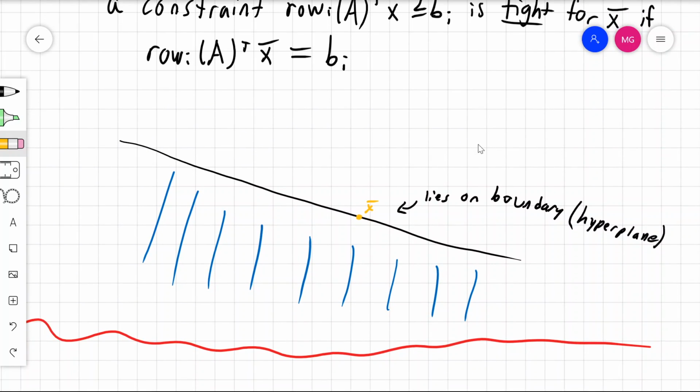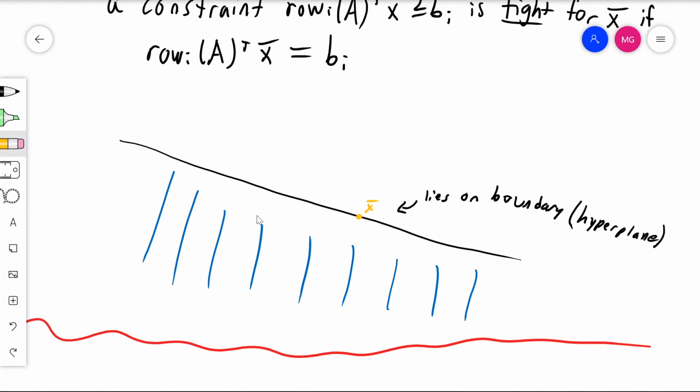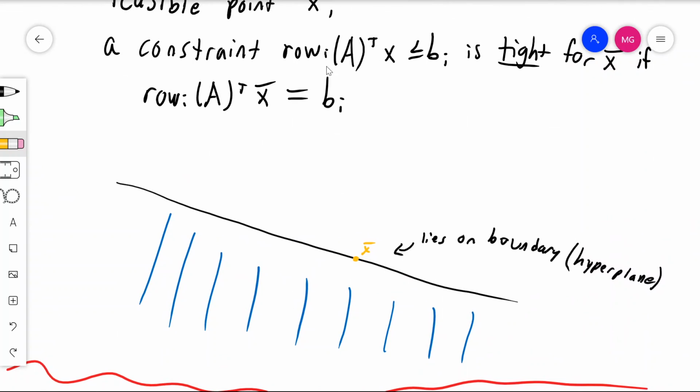Geometrically, if we have a single less than or equal to constraint like this, there's a hyperplane that splits space into two halves: a good half space and a bad half space. The good one is the one that satisfies the less than or equal to inequality. If we satisfy it with exact equality, that means the point lies on that boundary, on that hyperplane.